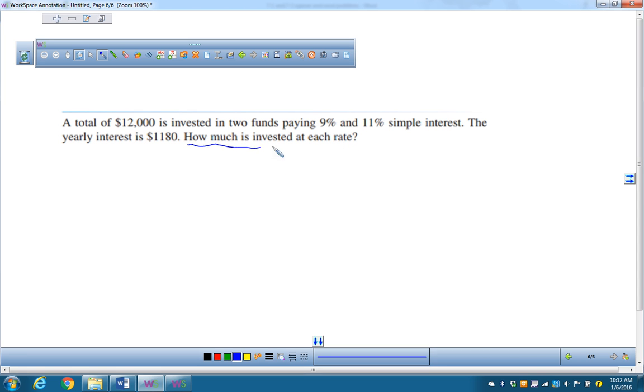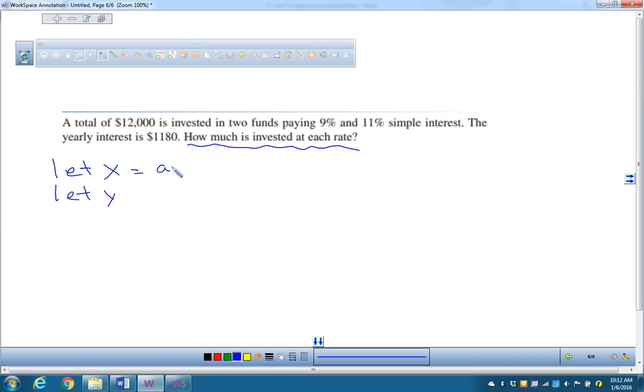So that's your question. And usually what you want to do with a word problem is set up your variables, okay? And since this is in the system of equations section, you would probably want to let x equal something and let y equal something. So what do you think I should let x be?